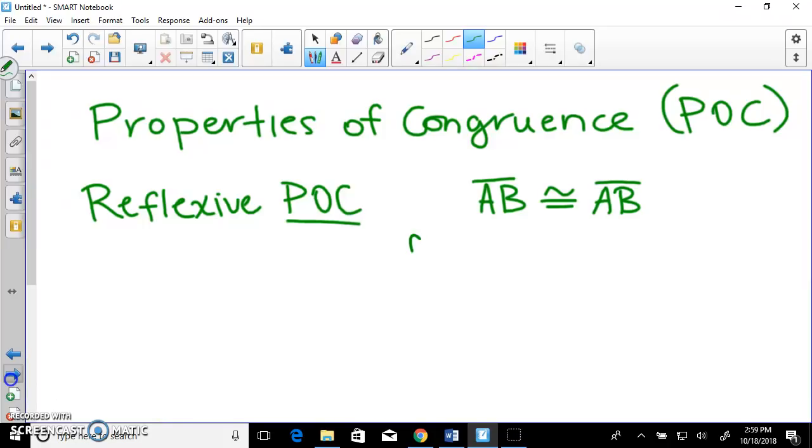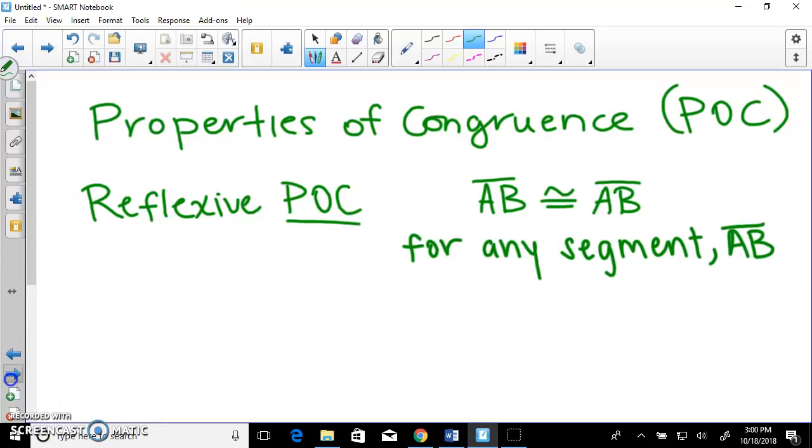So for any segment AB, this is true: AB is congruent to AB.